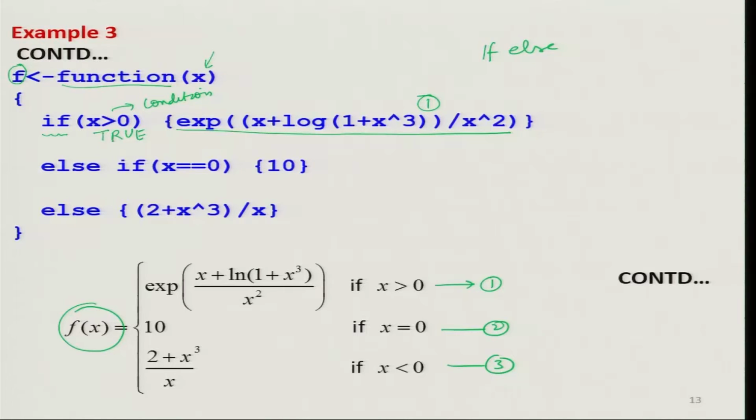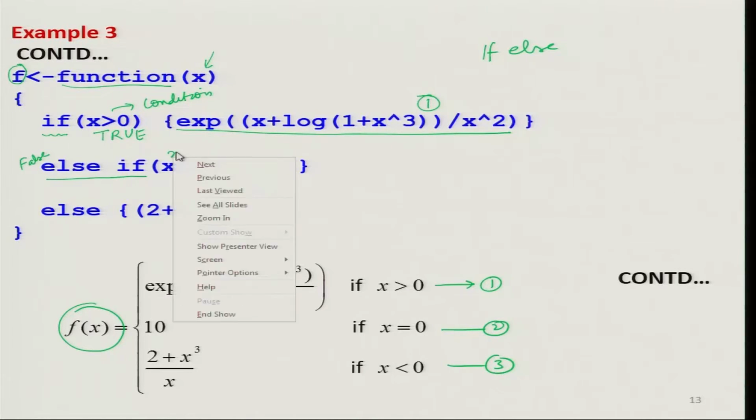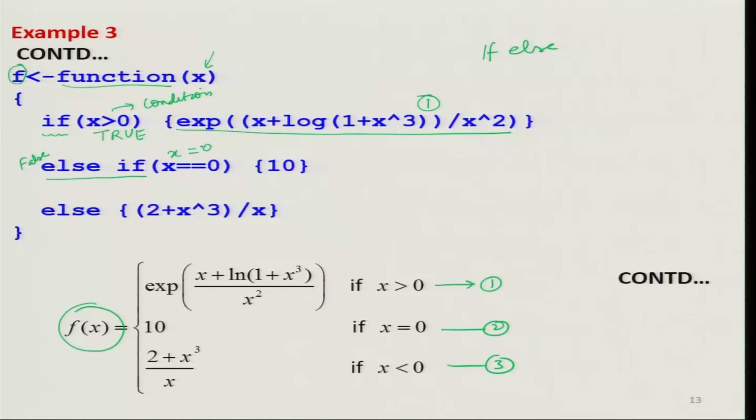And suppose this condition, x greater than 0, is false. Then the control will come to the second line, and I write down here else if, and then I check whether x is exactly equal to 0.